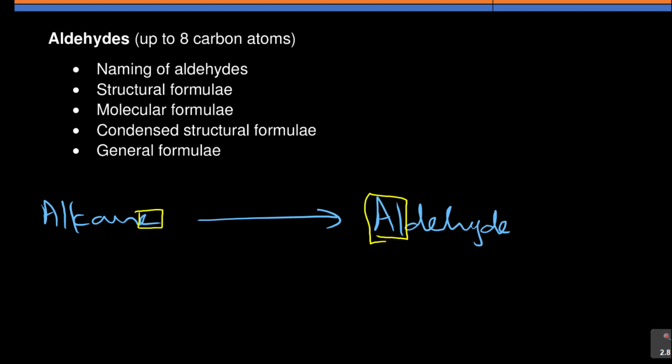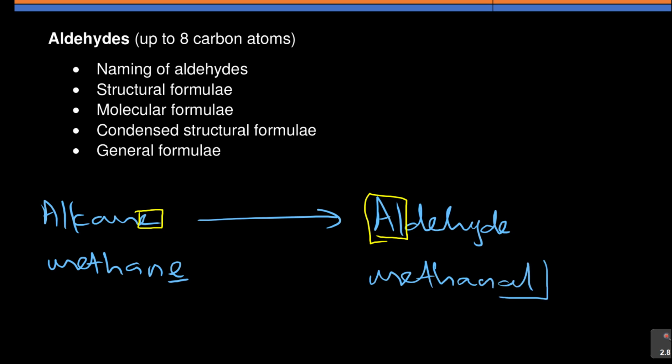So for example, I have got here methane. I want that E out, and then I've got methanal. Look at this one. So I've got AL instead of what? Instead of E, methane, and then it's methanal.